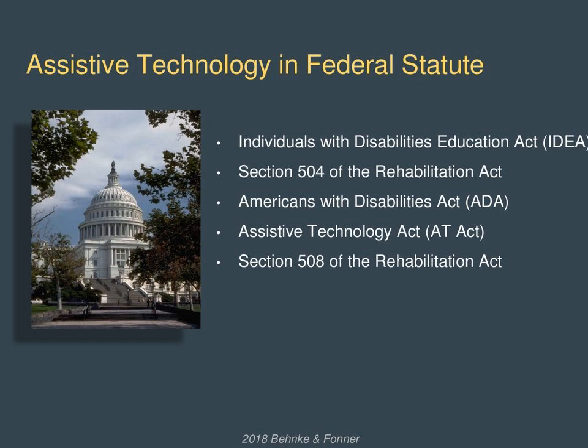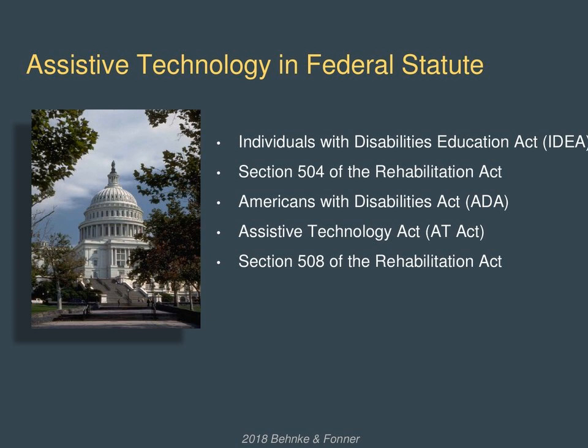Okay, so within that, since we do have quite a bit of the age range here, but we do have quite a number of people from the K-12 settings, I just wanted to give a little assistive technology historic perspective in regards to AT within the federal statutes. AT is written in IDEA. It's written in Section 504 of the Rehab Act.